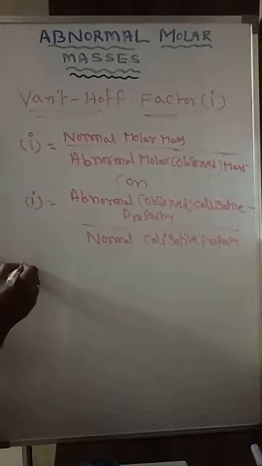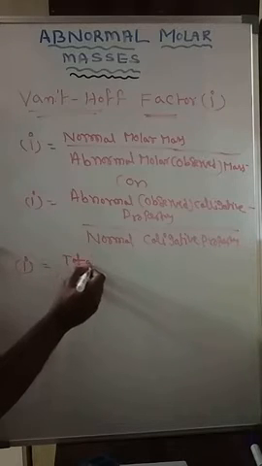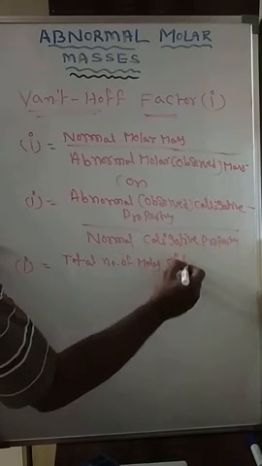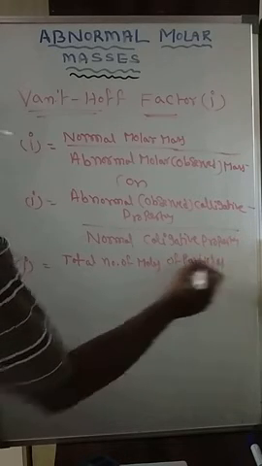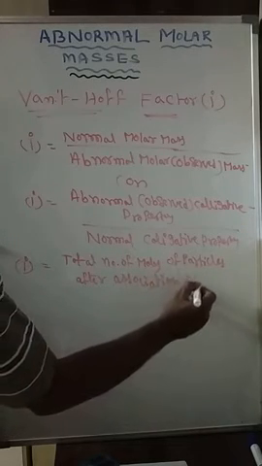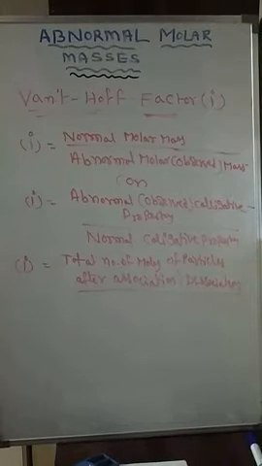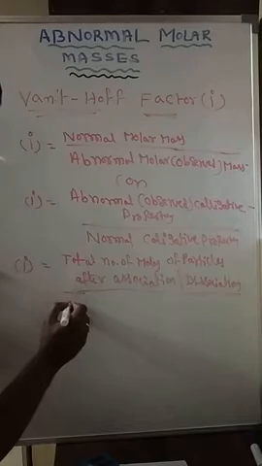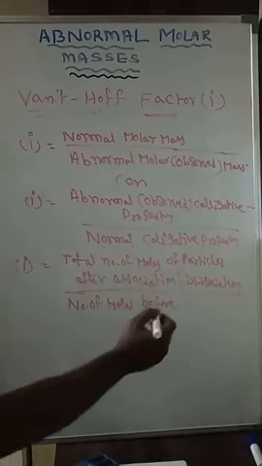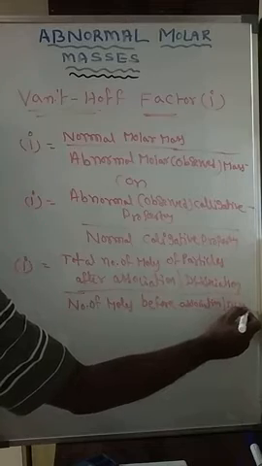And i is also defined in terms of moles: the total number of moles of particles after association or dissociation, divided by the number of moles before association or dissociation.